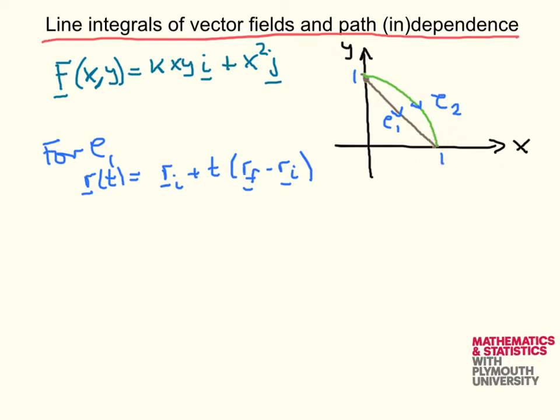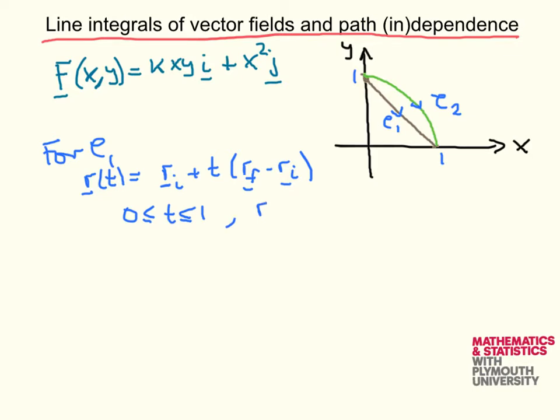So this is our parameterization. t goes from 0, where this vanishes and the position vector is the initial point, all the way up to 1, and when t is 1 we have ri plus rf minus ri, so the ri's cancel and our position vector is at the final point here. So t is going to be between 0 and 1.